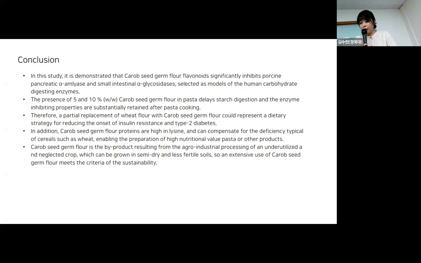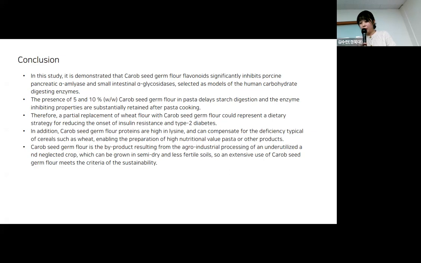And the presence of 5 and 10% carob flour in pasta delays starch digestion, and the enzyme-inhibiting properties are substantially retained after pasta cooking. Therefore, a partial replacement of wheat flour with carob flour could represent a dietary strategy for reducing the onset of insulin resistance and type 2 diabetes.